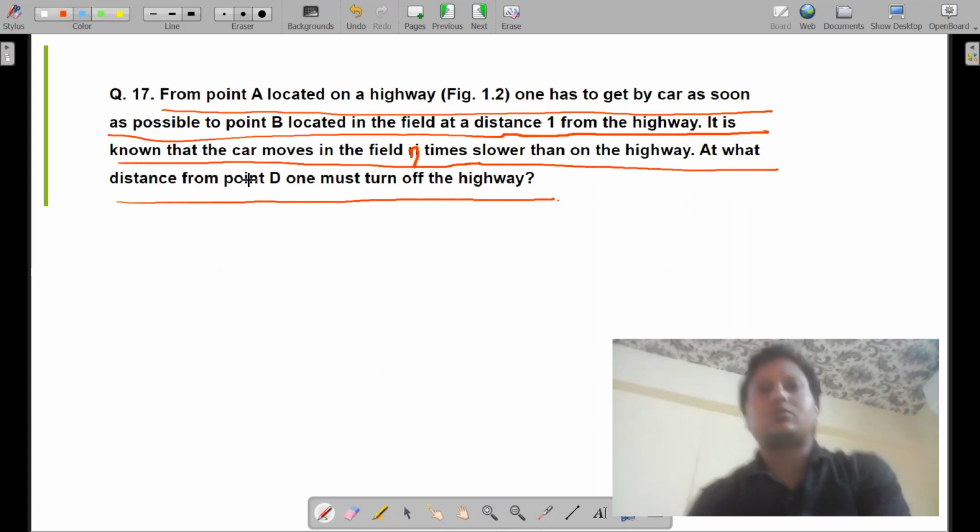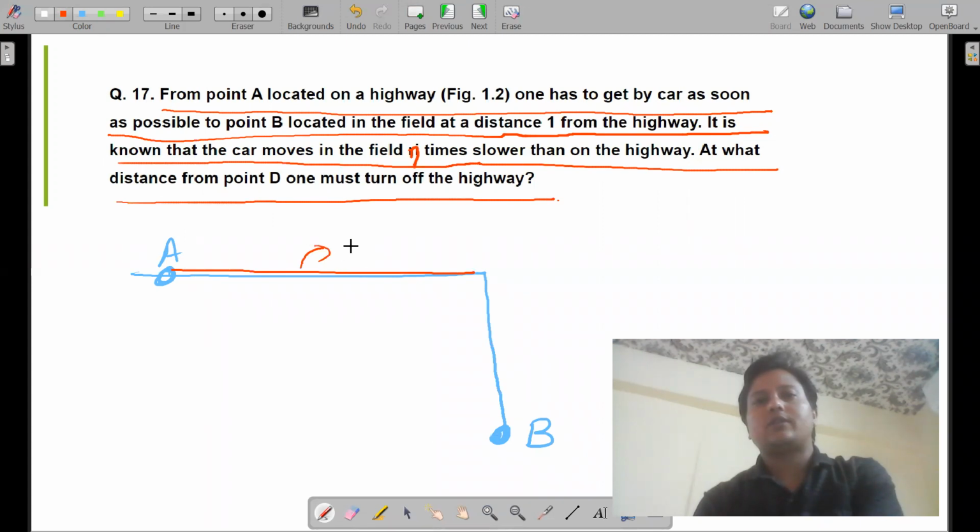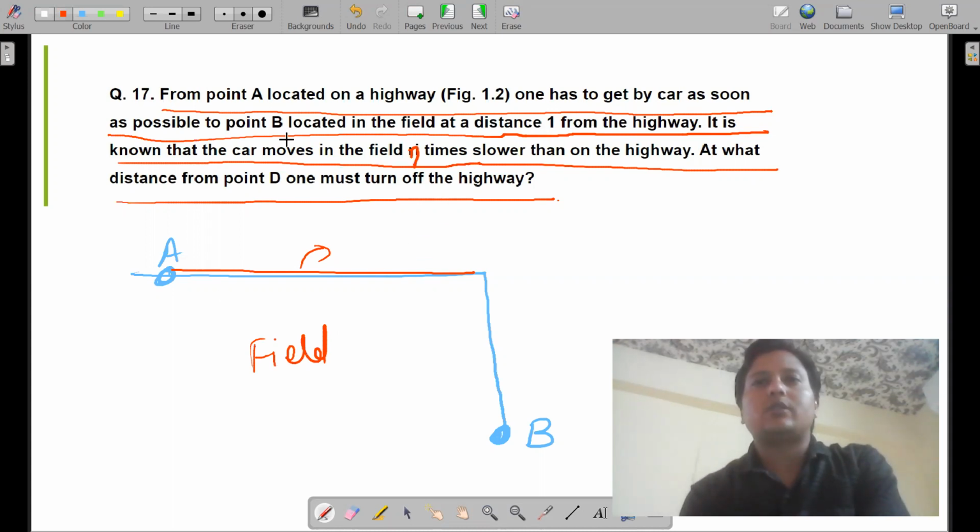There is a diagram also with this question, this one. We have to reach point B from point A, and there is a highway here and a field here, and distances are given.